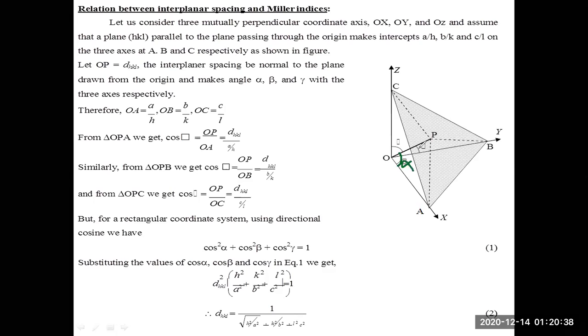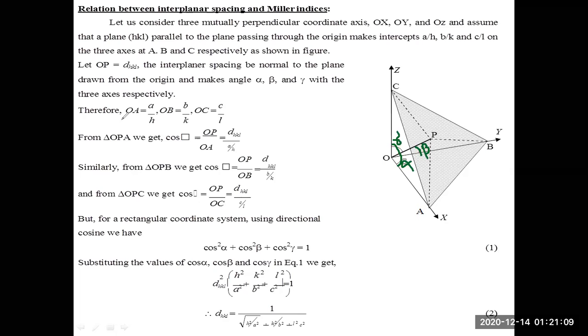See, this is alpha, this is beta, and the third one is gamma. Here we need to know the exact distance from the origin to the plane. So let us consider three mutually perpendicular coordinate axes OX, OY, and OZ, and assume that the plane HKL is parallel to the plane passing through the origin.